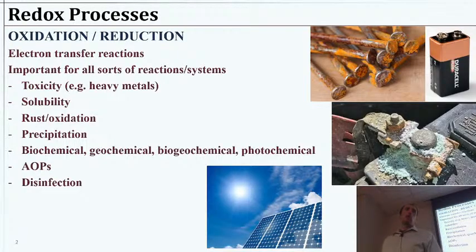It can be important in a lot of ways. Maybe the toxicity of some heavy metal in one particular oxidation state is much more or less than another. More commonly, if we think back to our precipitation reactions, some species are more or less soluble than others. So if we connect the solubility that we talked about last time to the ability to change the oxidation state of some atom, that can affect whether or not it's soluble.